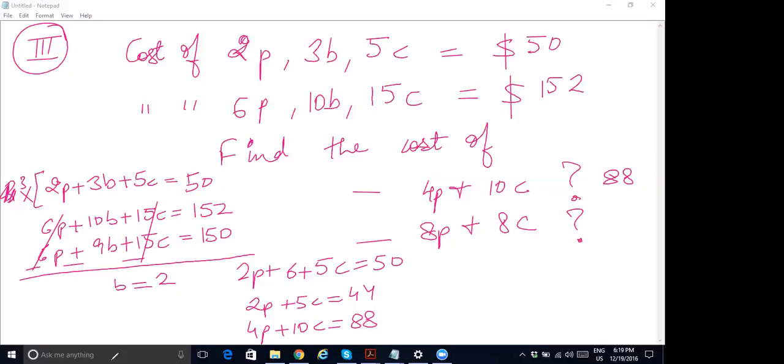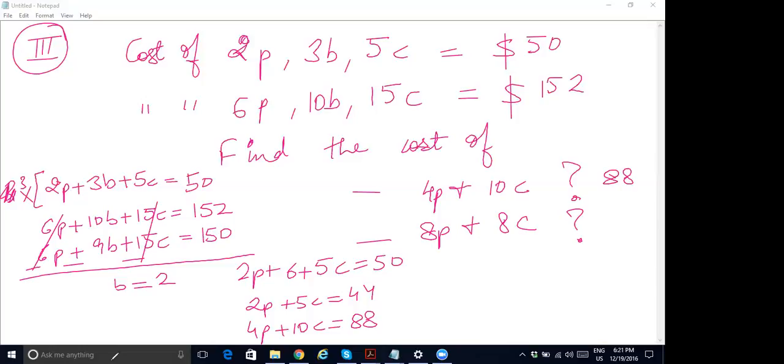Second part, let's see. 2p plus, 6p plus.